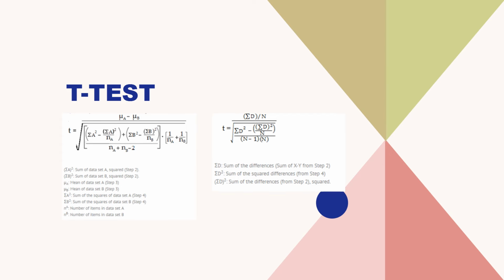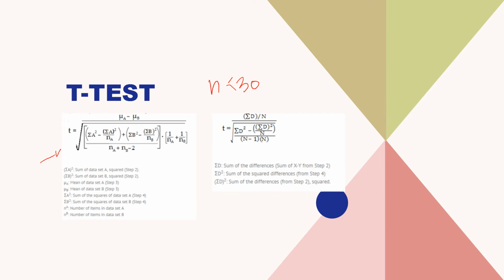Okay, next we're going to talk about t-test. Now, t-test is another test of difference, but this time it's used for situations where our n, or our sample size, is lower than 30. Now, we have two formulas that we can use for t-test.